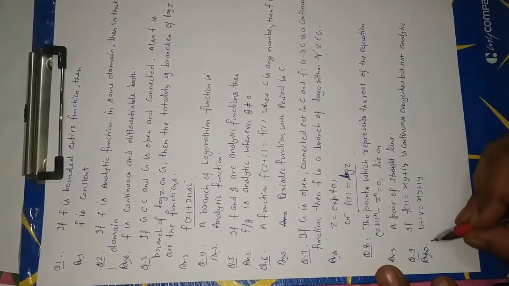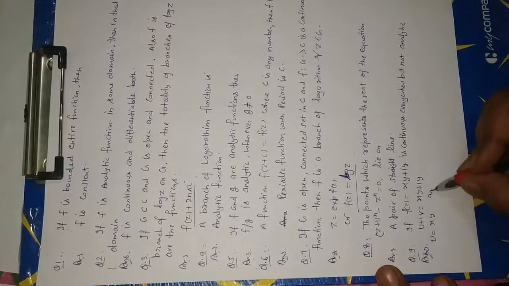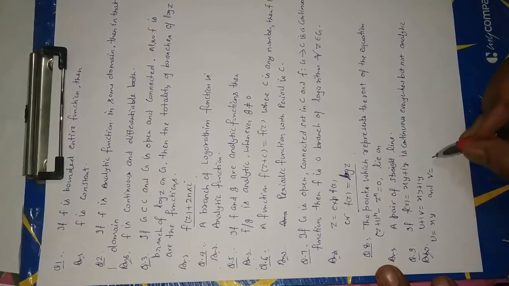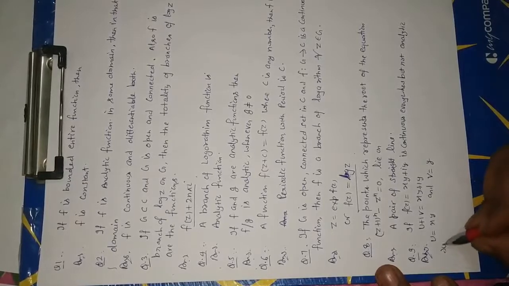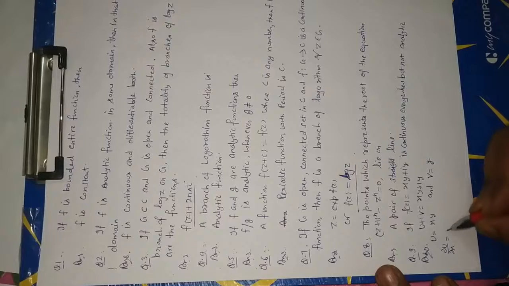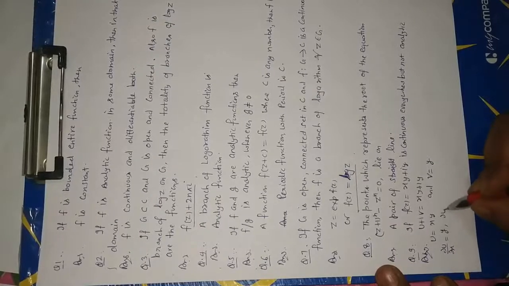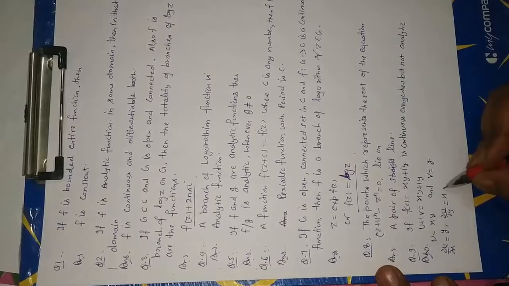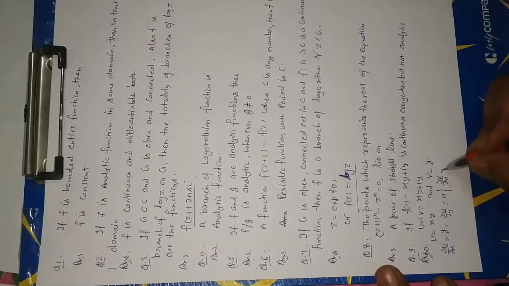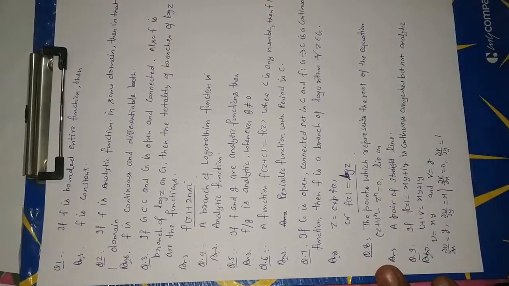Now comparing, real part u equal xy and imaginary part v is equal to y. Now del u upon del x equal to y and del u upon del y equal to x. Now del v upon del x is 0, del v upon del y equal to 1.